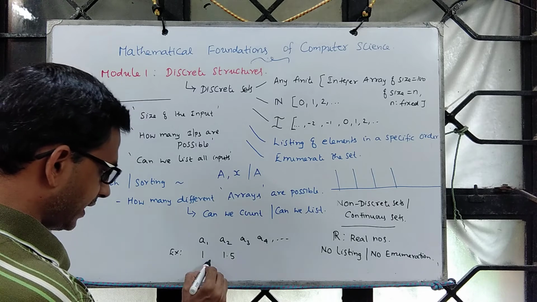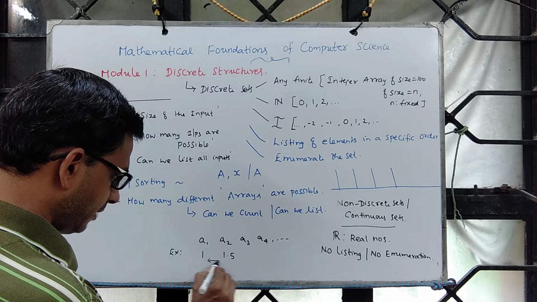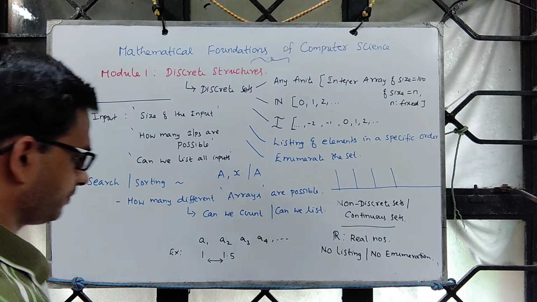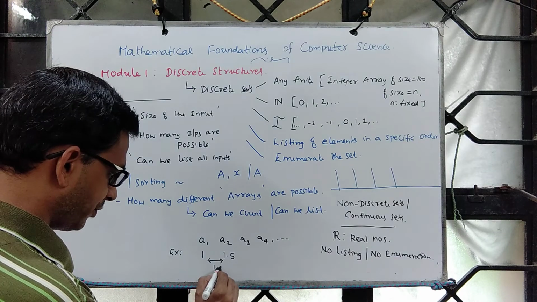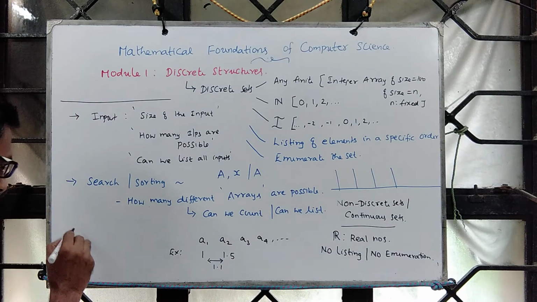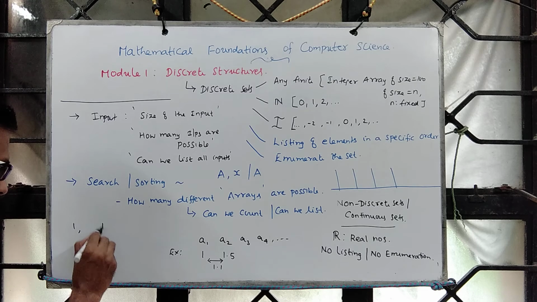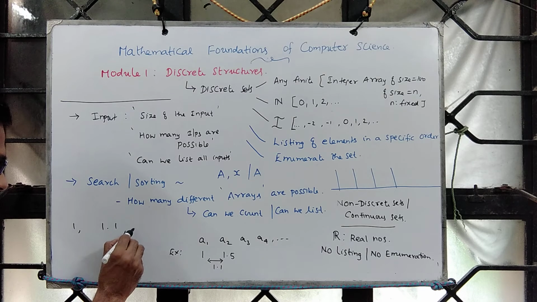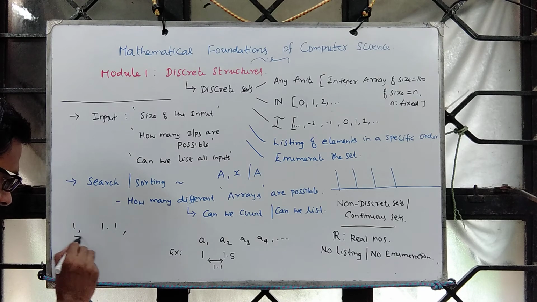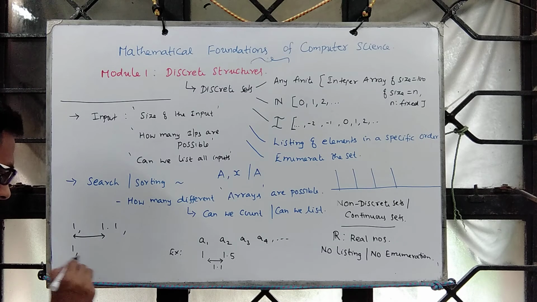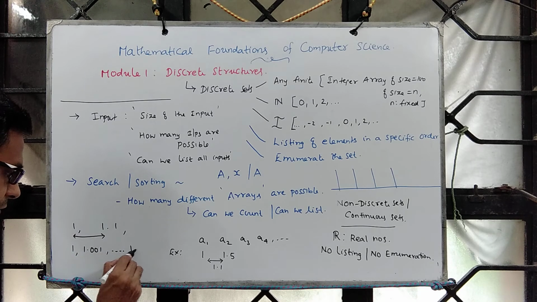Now you get to see that there is an element in between, which is 1.1. If you say first element is 1, second element is 1.1, and like that, then which is not correct. You get to see that between 1 and 1.1 you can have 1.001 before you get to see 1.1.